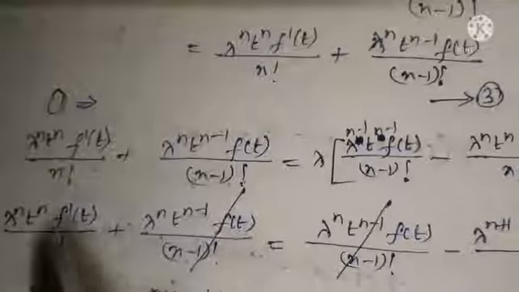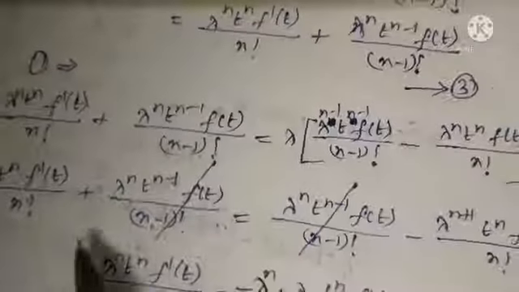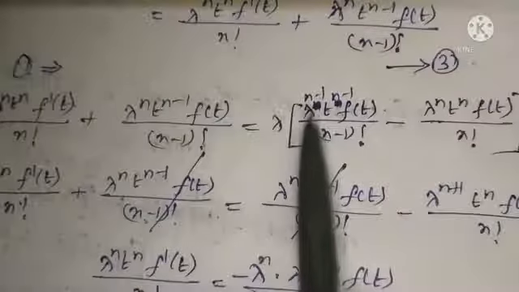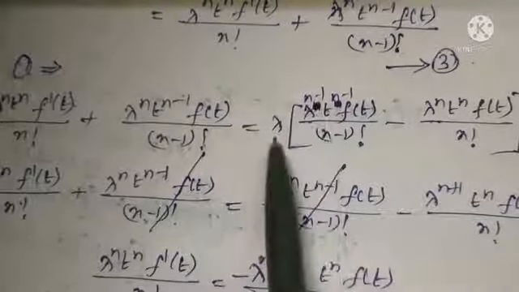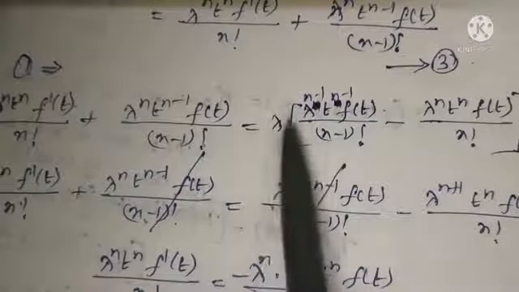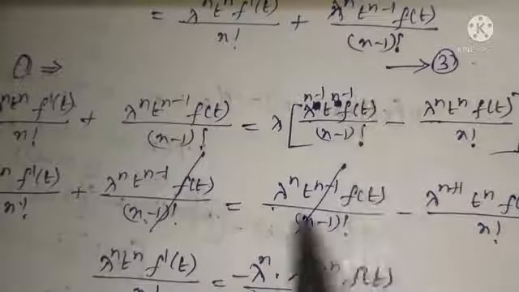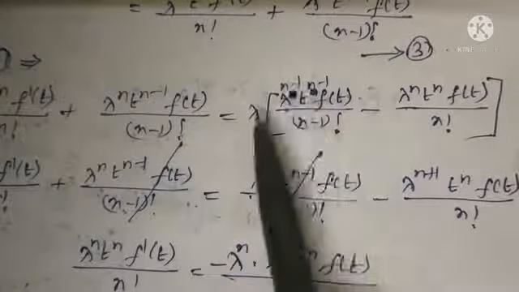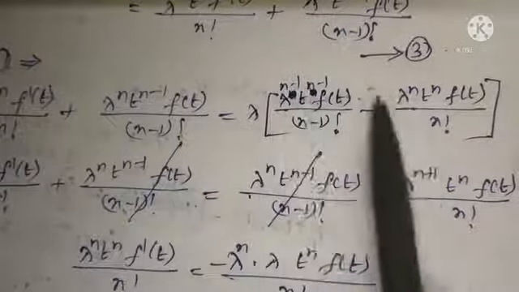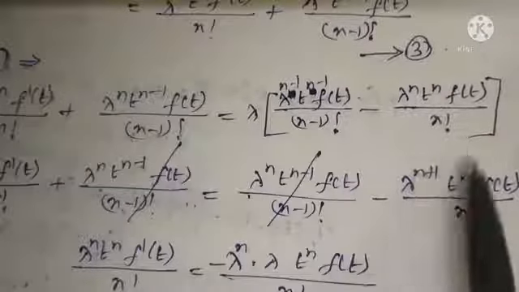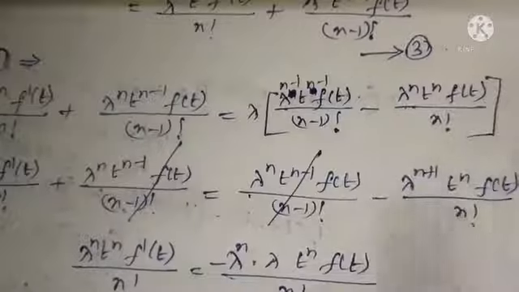Let us keep this term as it is and this term as it is. Here I multiply this by lambda. Lambda power n minus 1 into lambda is lambda power n; when the base is the same, we add powers. t power n minus 1 into f of t by n minus 1 factorial. When you multiply lambda here, lambda power n plus 1, t power n f of t by n factorial.